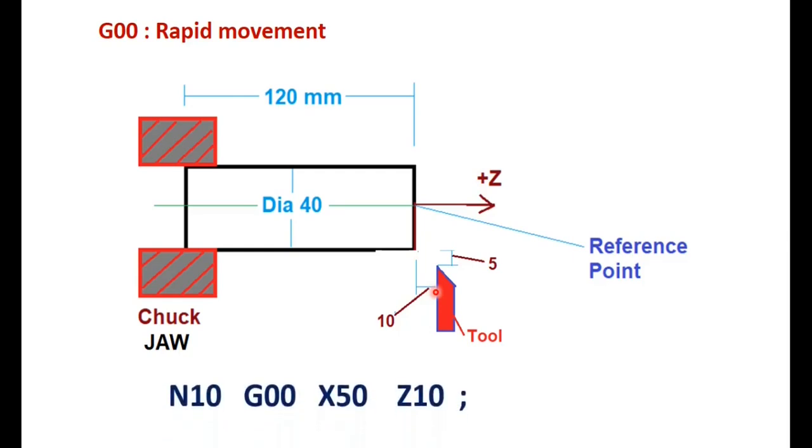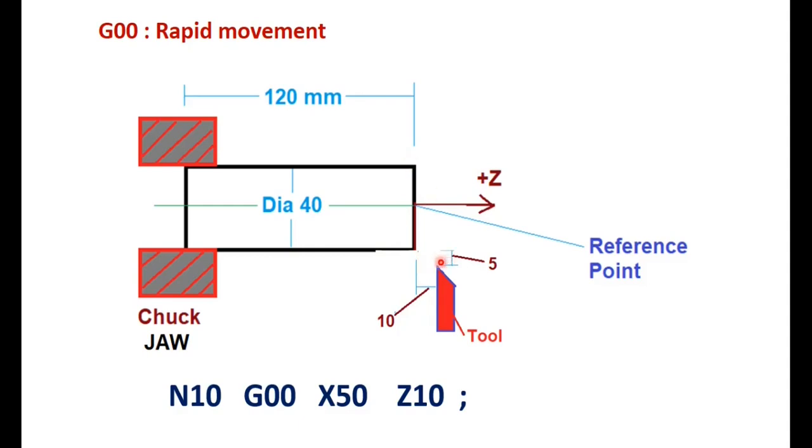Next, how to write a general code for this? All the code I showed you in milling remains almost the same. So a sample code is shown: G00 X50 Z10. How 50? The diameter is already defined as 40, and we are 5 millimeter away from that, so 5 on this side and 5 on the opposite side.